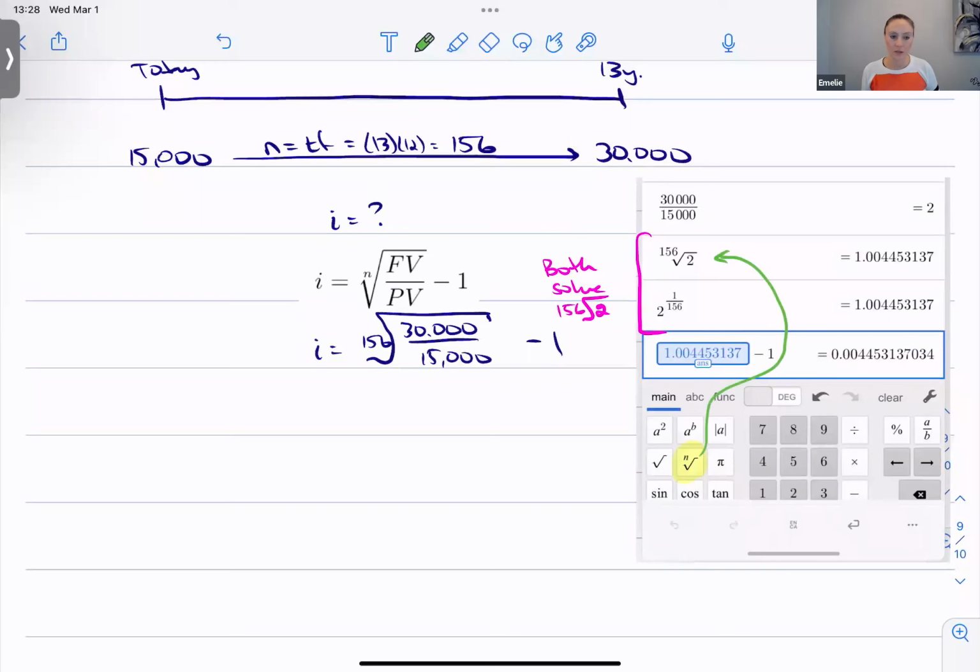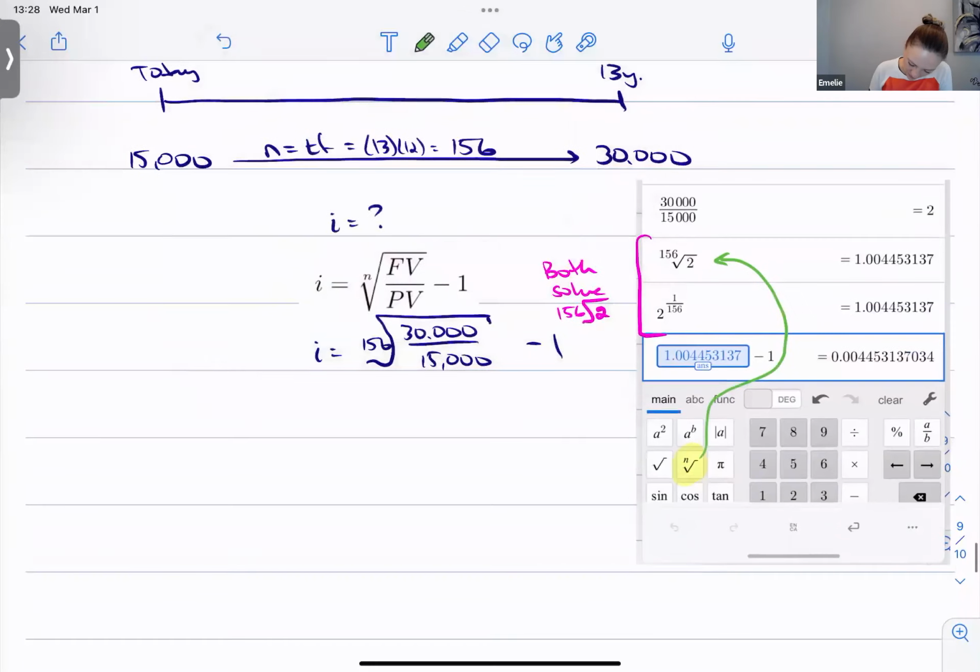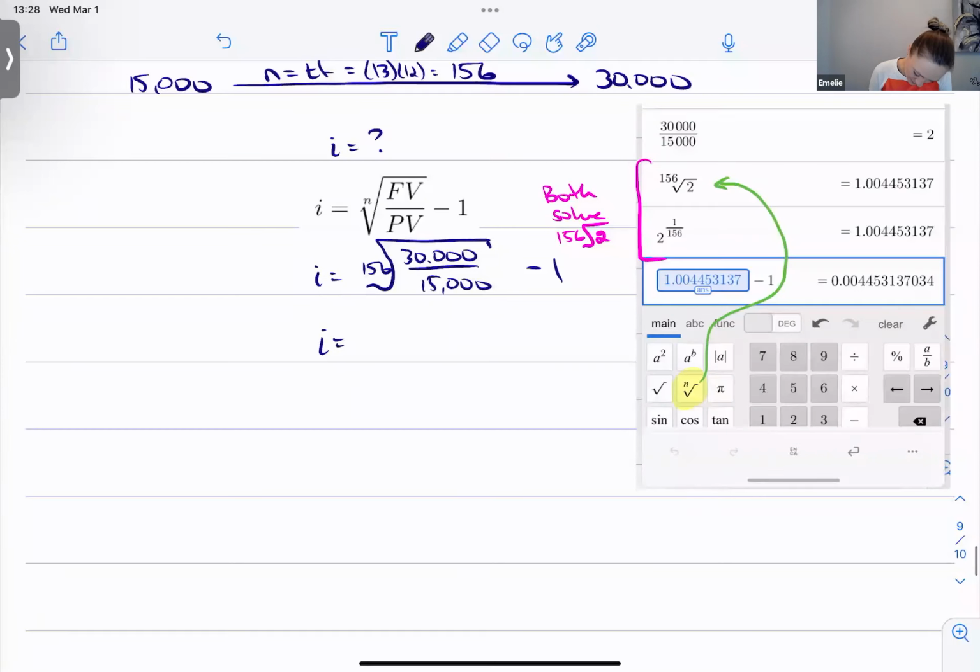But notice that they're all the same. One super common thing that I see is you forget to subtract the 1, right? Because you did all this work and then you just forget to subtract the 1. But it makes a huge difference to your interest rate, right? So i is the 156th root of 2.